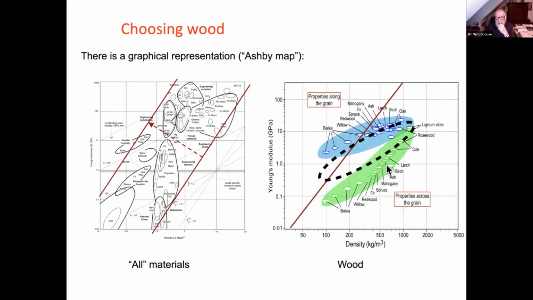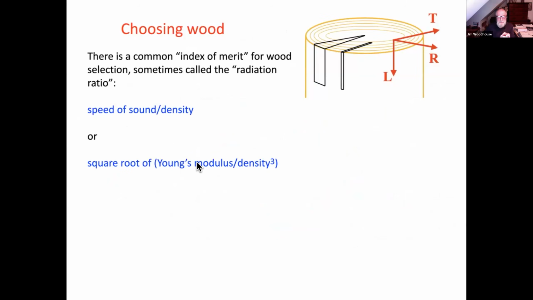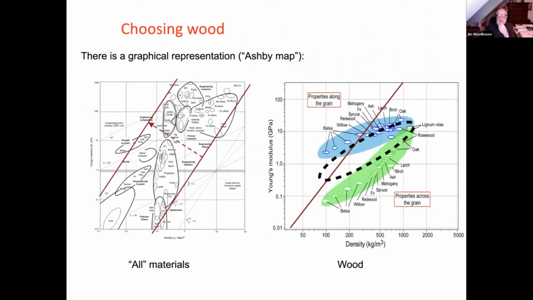Now, let's start with this one on the right, because that's the one we've seen before. This prediction, if you're trying to maximize Young's modulus divided by density cubed, then that also translates into a straight line on this log-log scale.